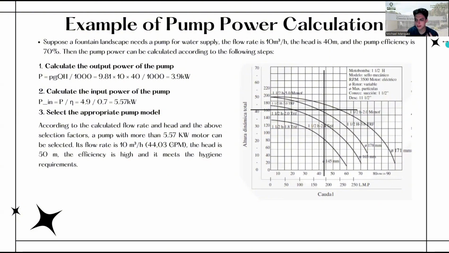As we can see, we can convert 10 cubic meters per hour to gallons per minute. And through this graphic, we can select the current model, that is this one, the first one. We have to select the upper part of this point. That will connect this point, and that's all.